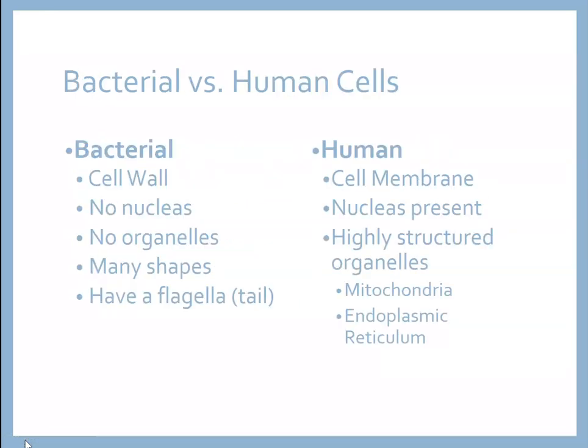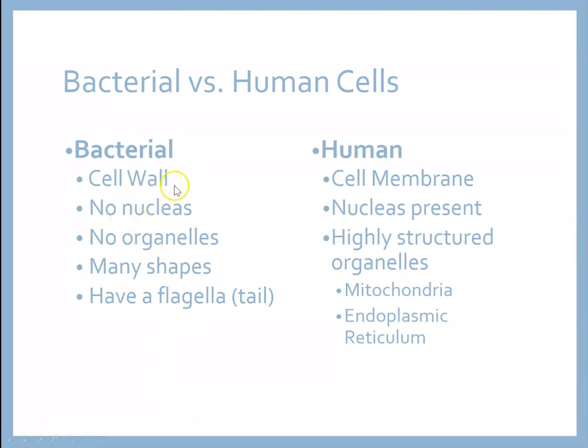Okay, bacterial versus human cells. Why are we going all the way back to this? You already learned this in micro and A&P, except that it's very relevant to a discussion about antibiotics. Why do antibiotics kill bacteria and not human cells? Well, it's because they're different.